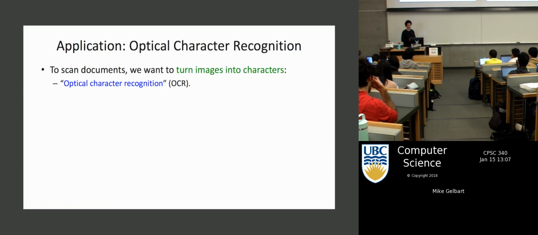Okay, so just to add an application to KNN, and then we'll finish up with KNN and move on to naive Bayes. So we talked a little bit about digit recognition already in this course. And OCR, or optical character recognition, is in general this problem of turning images into characters.